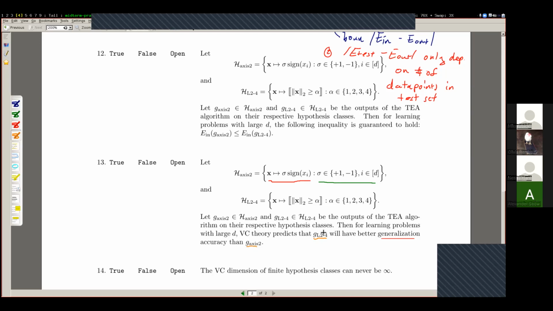That's the thing that we claim. Better generalization accuracy is also the same as better generalization error. So large D predicts that g_1 will have better generalization accuracy too. That should be true.